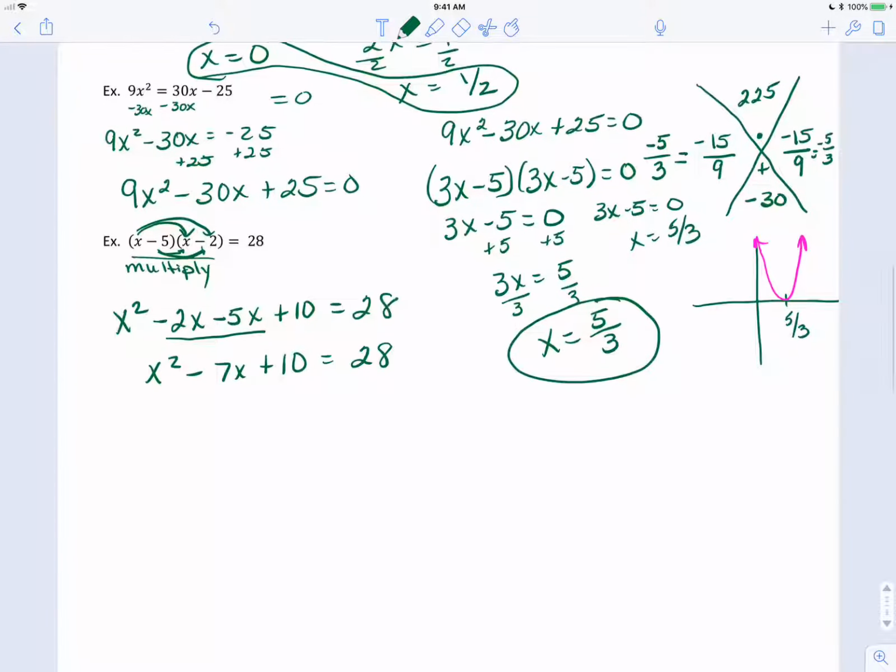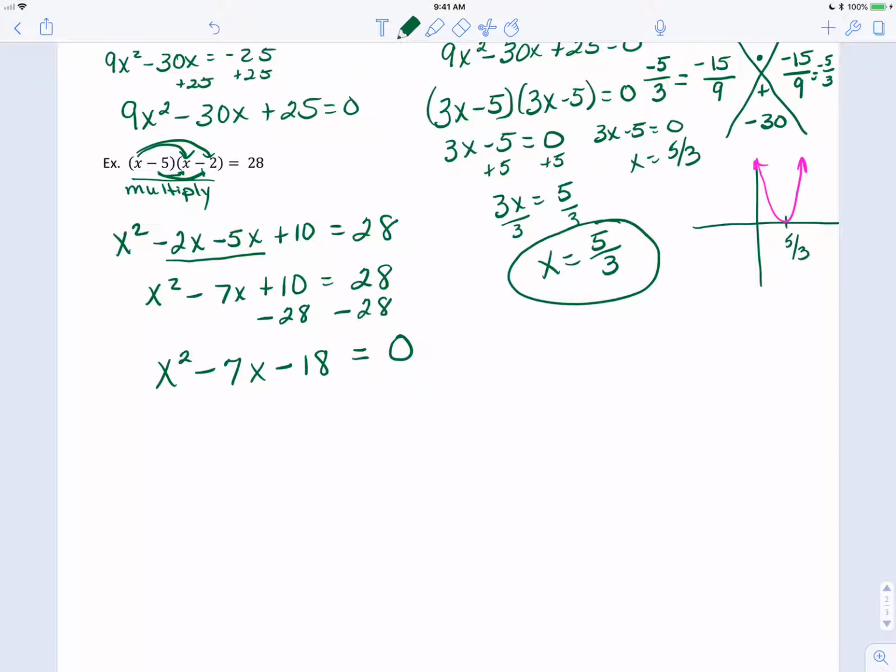Well, we still have to make this thing equal to 0. So we've got to move this 28 over. And it can only be combined with that other constant. So that gives us x squared minus 7x plus 10 minus 28, which is minus 18, is equal to 0.